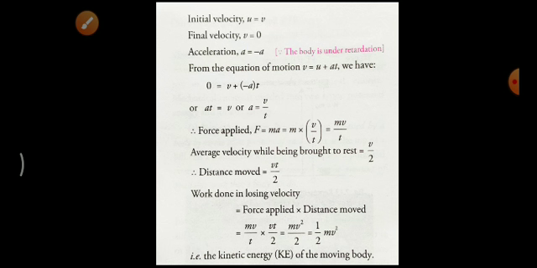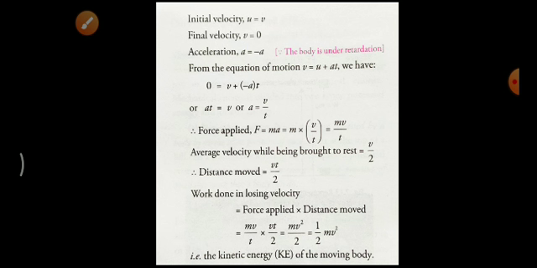Then the average velocity while being brought to rest is v divided by 2, because initial velocity plus final velocity divided by 2 is the average velocity. Here the initial velocity is v but the final velocity is 0, so v plus 0 divided by 2 is equal to v by 2.